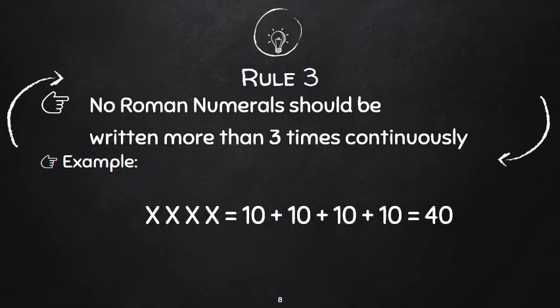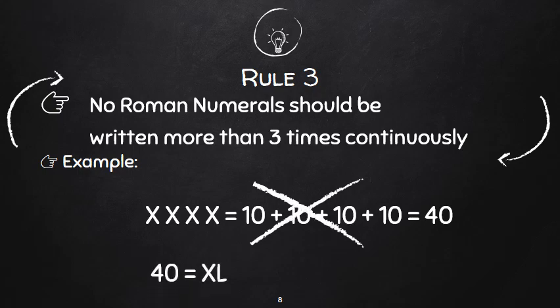Suppose I write XXXX, which is equal to 10 plus 10 plus 10 plus 10, that is equal to 40, as the value of Roman numeral X is 10. But this is a wrong way. So what is the correct way? The correct way is 40 is equal to XL. Okay.